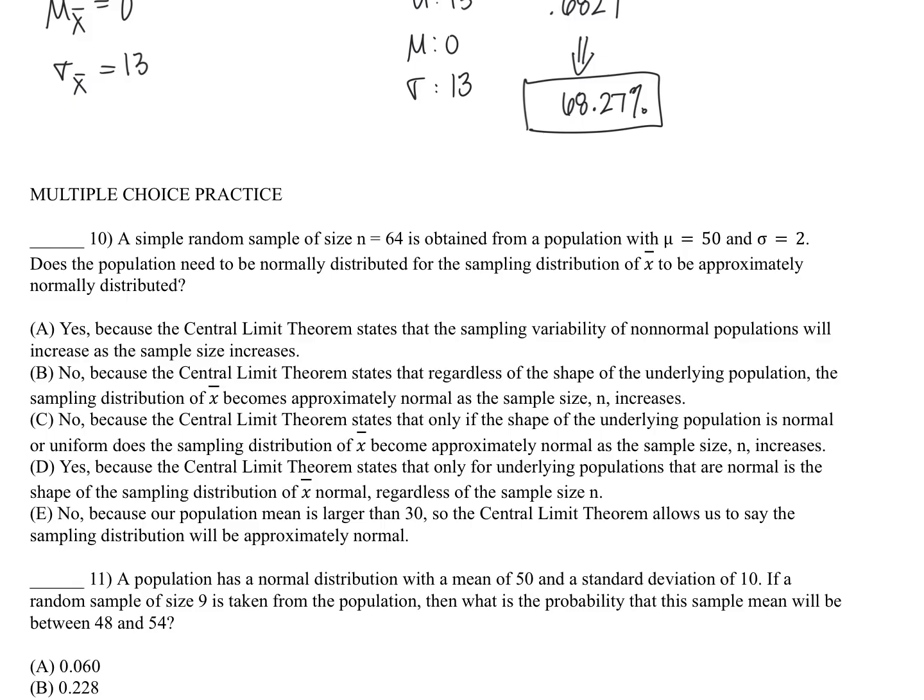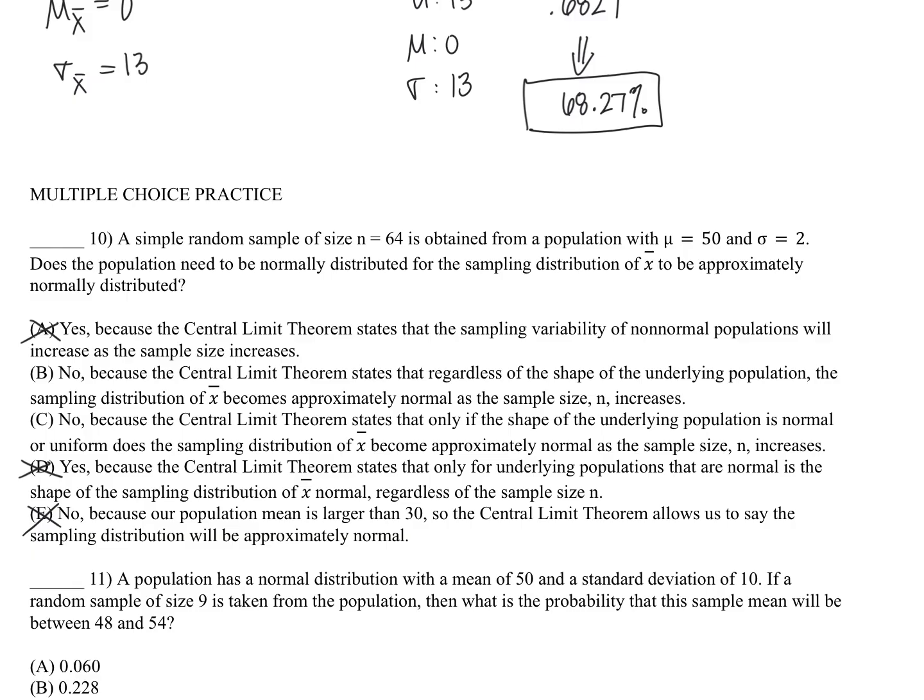And because our sample size is 64, that automatically leads me to no. So I can get rid of the ones that say yes. And then it has to do with sample size. So I can also get rid of E because it talks about the population mean. So that leaves us between B and C.